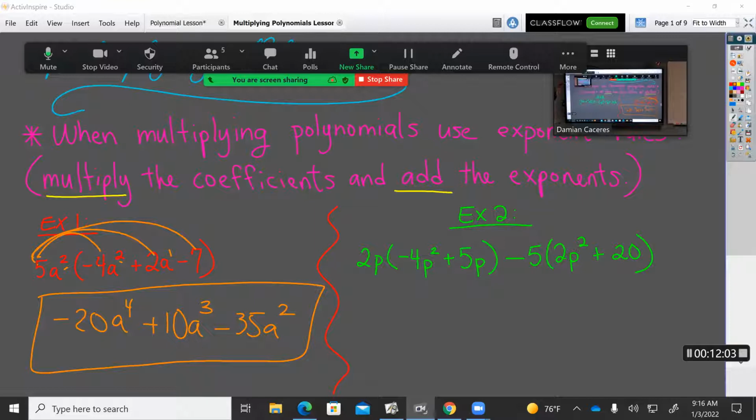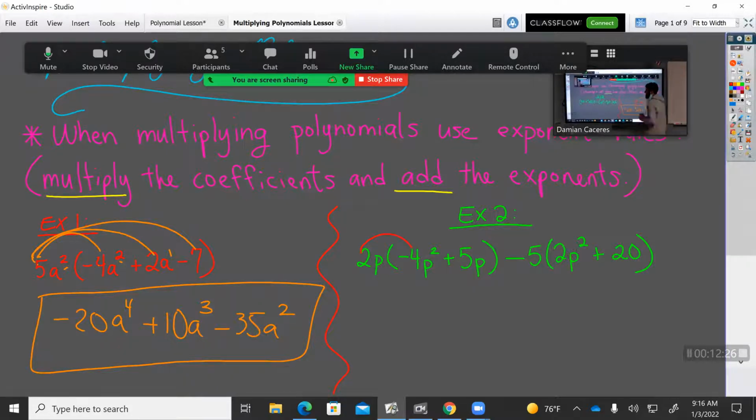All right, so now let's do the green example. On the green example, what's going to be distributed to the first parentheses? 2p. What's going to be distributed to the second parentheses? -5. Once you do that, you're going to get a whole bunch of results. Then check for like terms, combine them, and you're done.